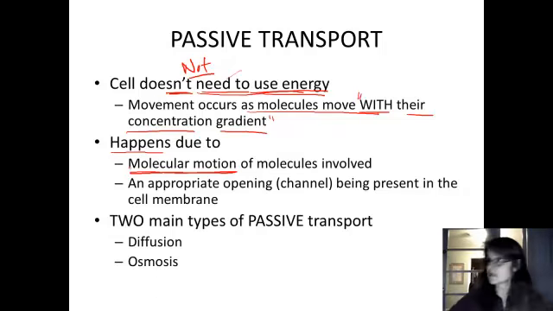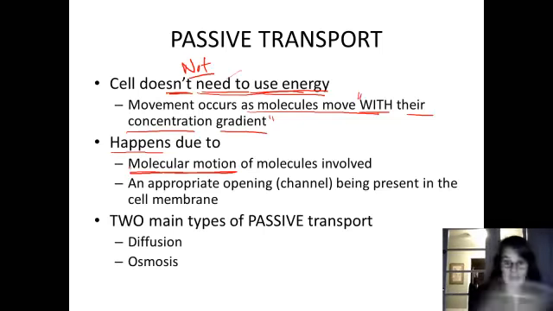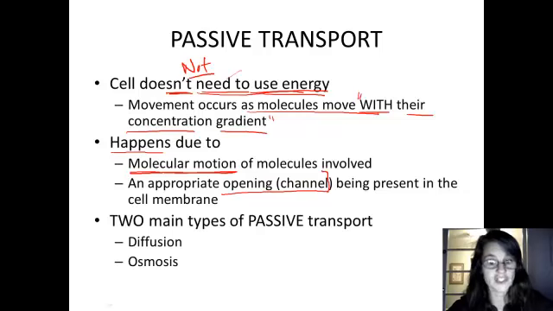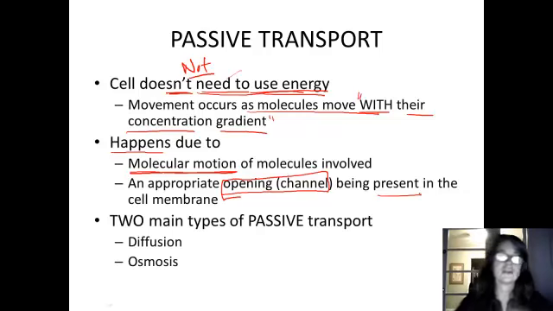And it is just because molecules are always moving, the air molecules around me are moving right now, random motion. That random motion will end up carrying certain molecules across the cell membrane if they have a way to get through the cell membrane, okay? An appropriate opening, a protein channel, a channel made out of protein, must be present usually to allow molecules to pass.